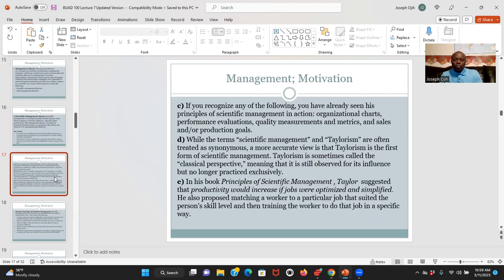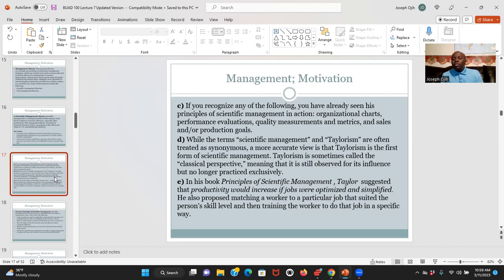Performance evaluations, quality measurement and metrics, production goals, all these things are the product or the offshoot of scientific management theory.